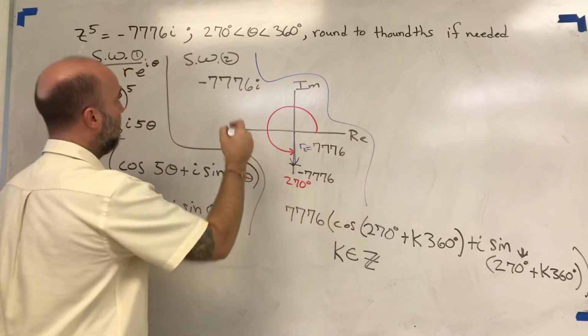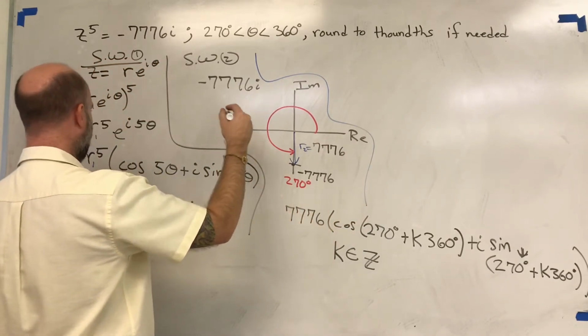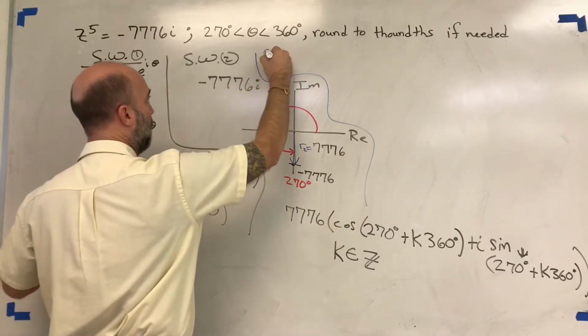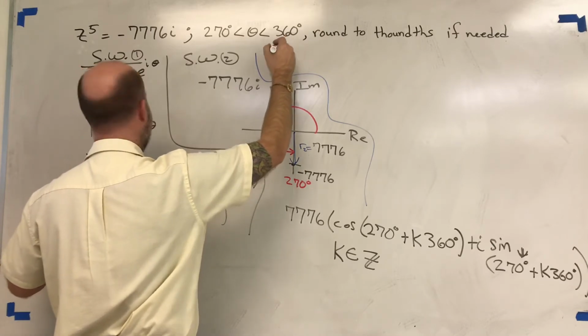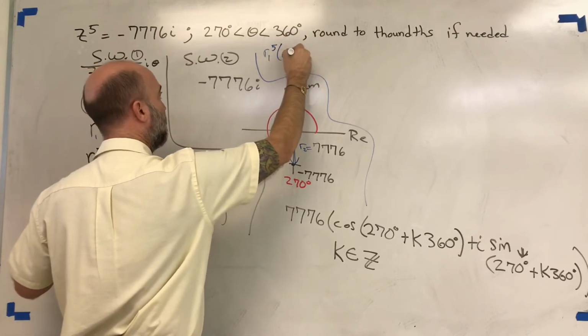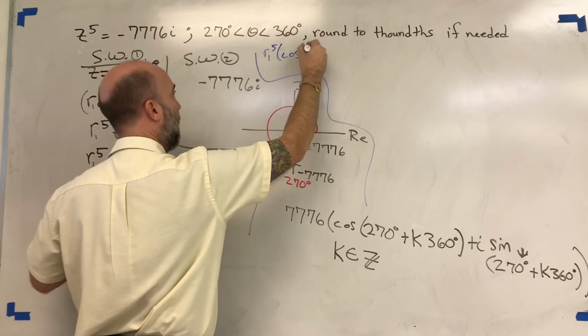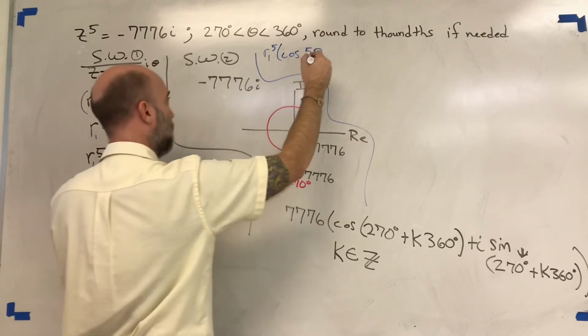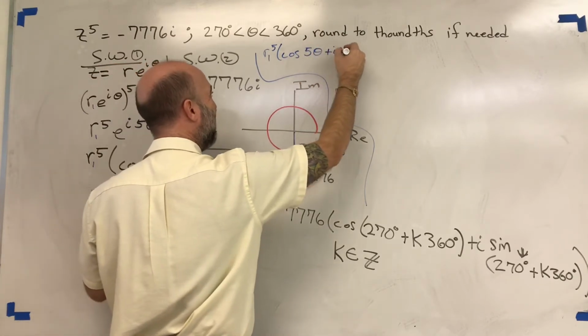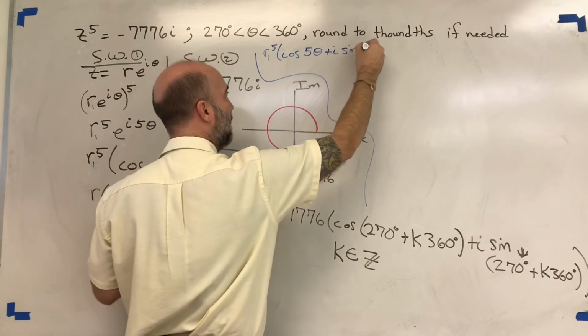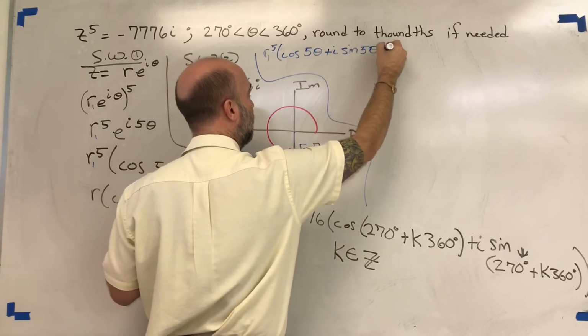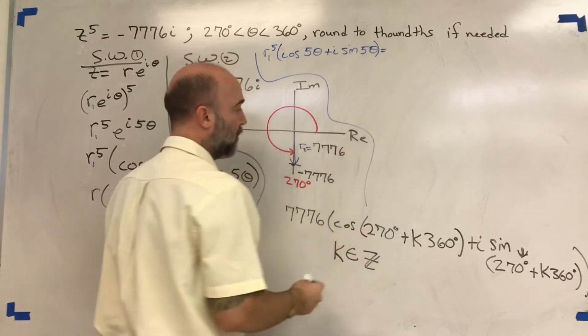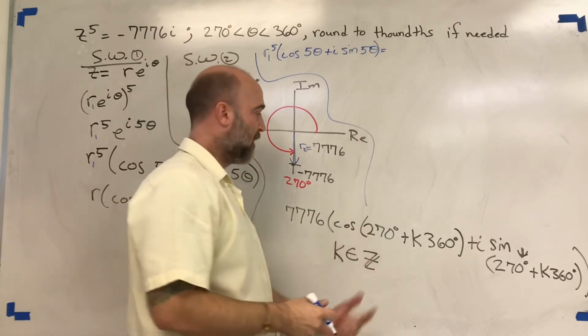I'll see how much of it fits right here. So we have r1 to the fifth power, cosine of 5 theta plus i sine of 5 theta. All of that is equal to this monster.